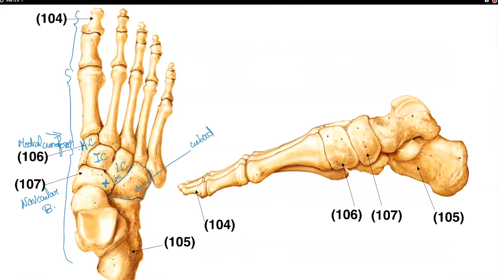And if you remember, the bone that transmits the weight down from the tibia to be distributed to the rest of the tarsal bones, this is my talus. And the bone located underneath it, forming your heels, this is the calcaneus.